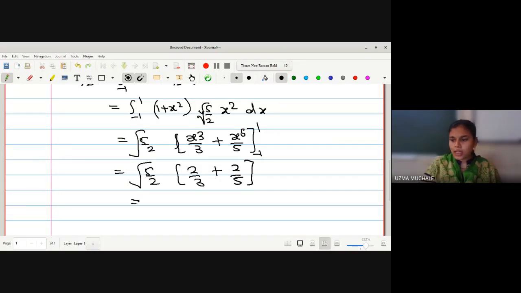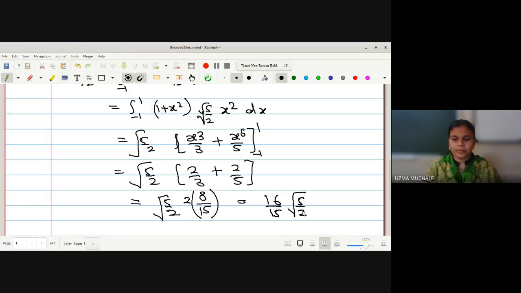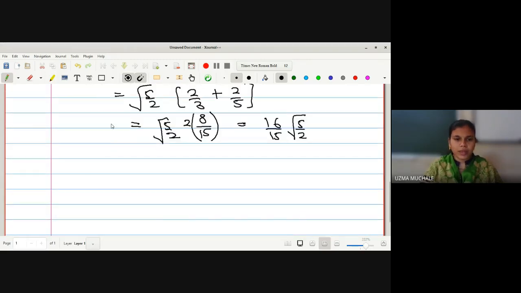So the result is nothing but this over 15. You can take 2 common also. So this will be 8 by 15 and 16 by 15, ma'am. This 2, if I take outside, it will be 8 by 15, and this root 5 by 2 as it is. So we can write it as 16 by 15 under root 5 by 2. So this is the value of f2 we have calculated.